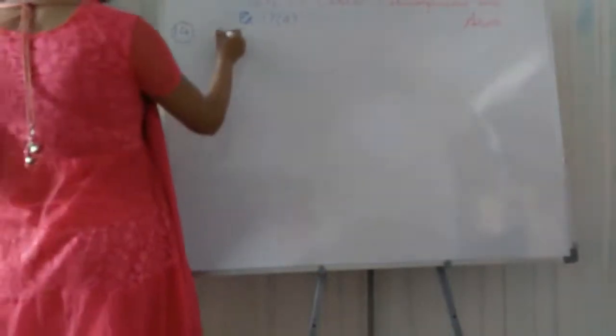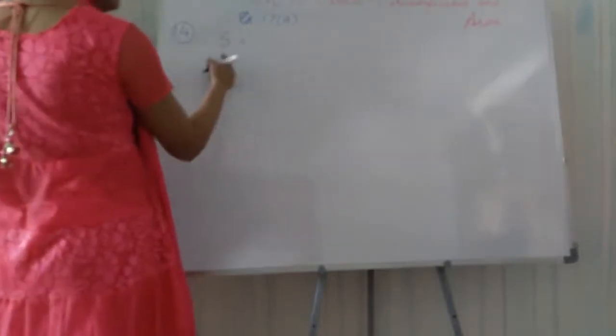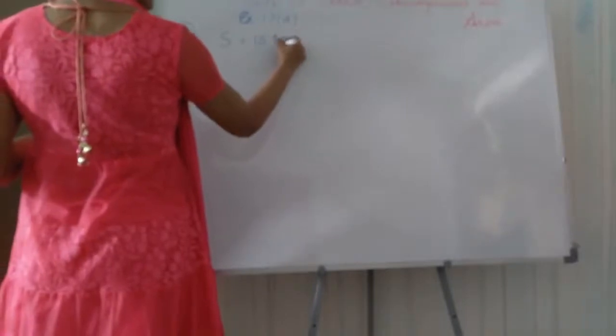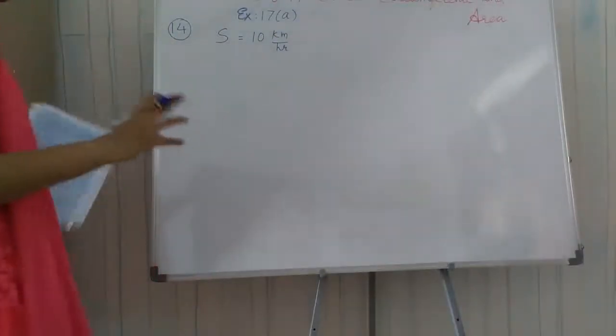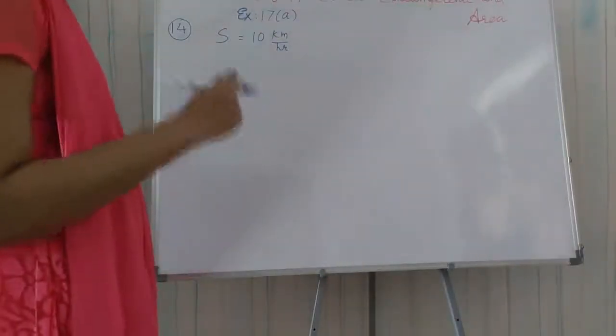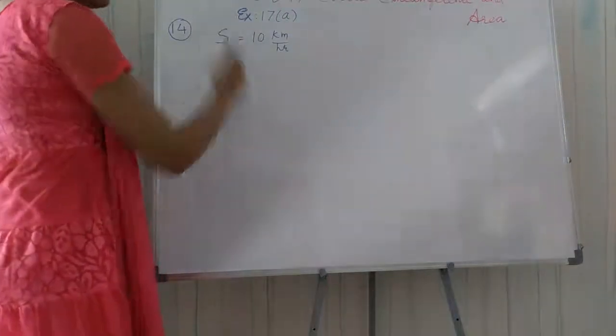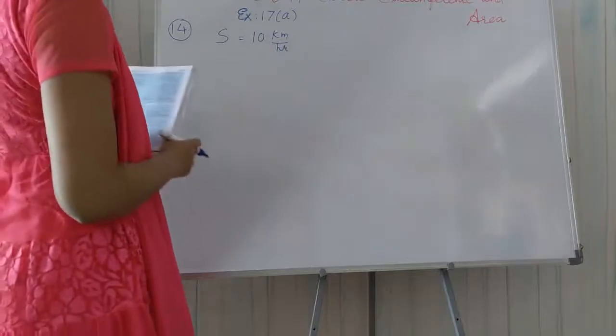Now let us take the next question, question number 14 of exercise 17A. In this question, a small cart is being driven at 10 km per hour. So that kilometer per hour is the speed given to us, that is 10 km per hour. Our wheel, here a small cart is mentioned, so the cart must have wheels and they are moving at a speed of 10 km per hour.